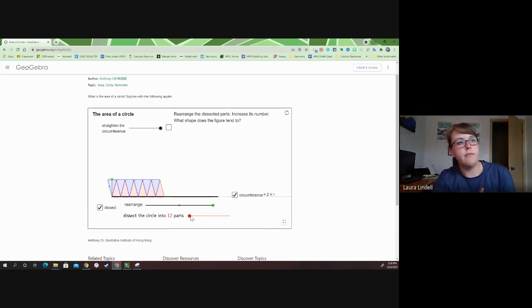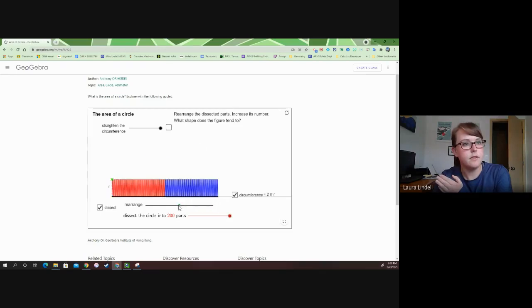And notice, if I make this circle cut up into smaller and smaller parts, we get closer and closer to looking like a rectangle when I put the pieces together. If I have 200 parts, it looks almost exactly like a rectangle. And I can pull it apart and, you know, bend it back into a circle if I want to.